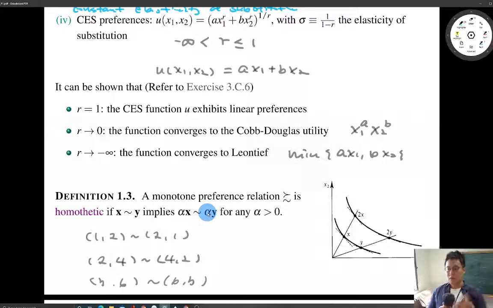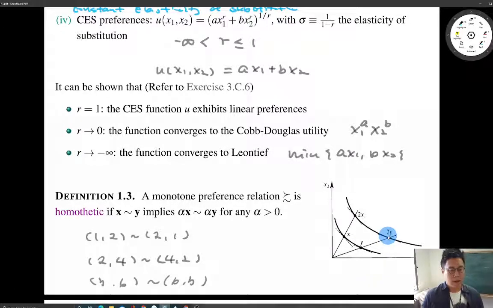Consequently, the marginal rate of substitution, the slope of the indifference curve, has the same value along a ray from the origin. If we compare x and 2x, the marginal rate of substitution at these two distinct points has the same value. If we draw another ray from the origin, y and 2y have the same marginal rate of substitution.